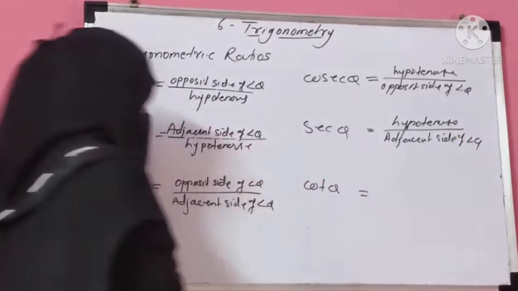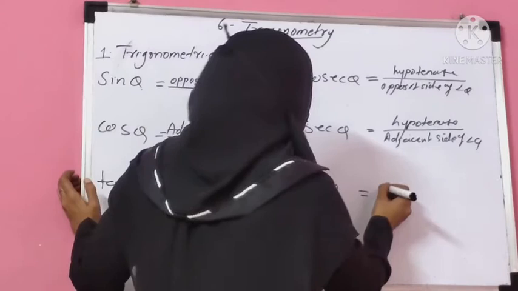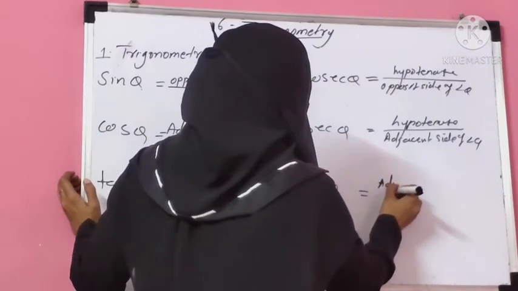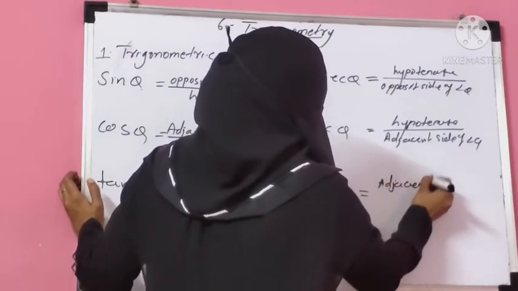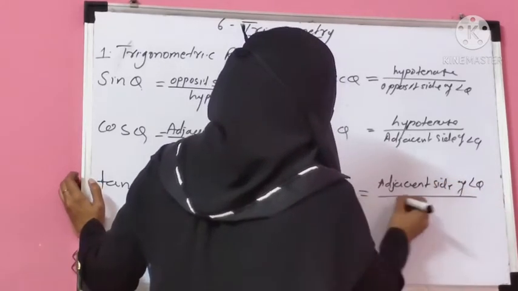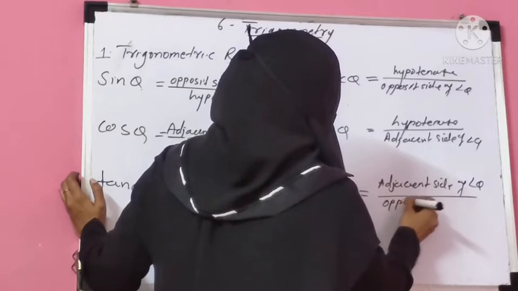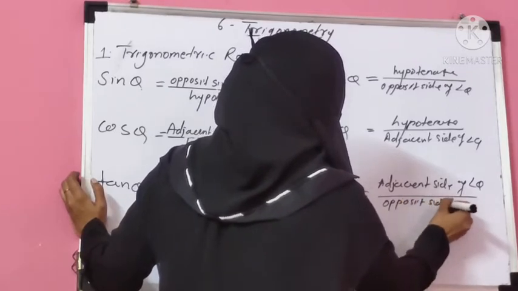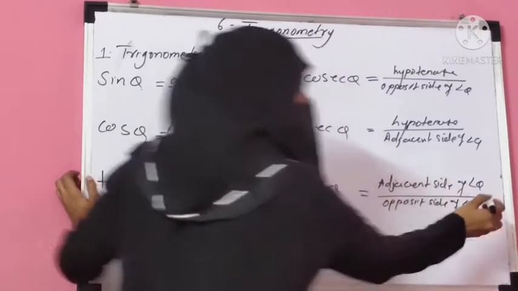And cot theta is the inverse of tan theta, that is the adjacent side of angle theta divided by the opposite side of angle theta.